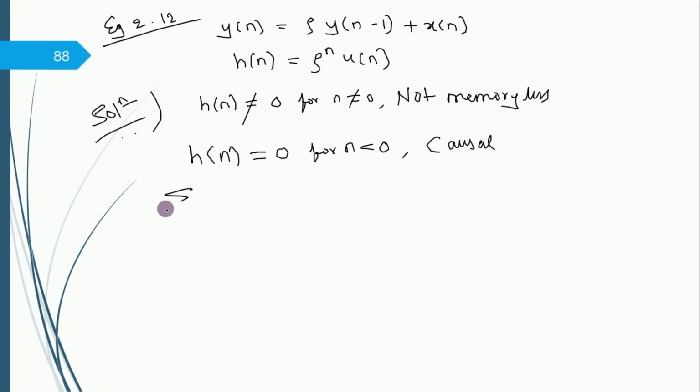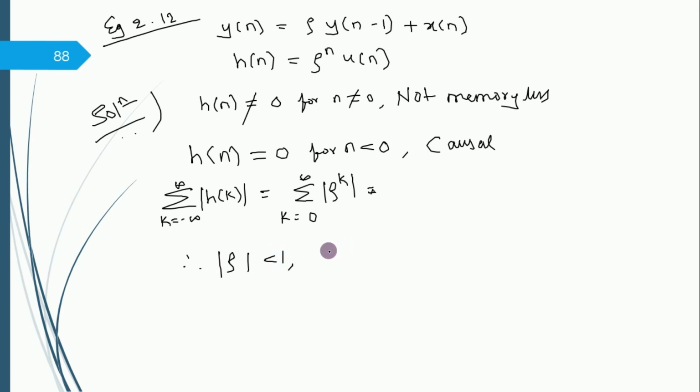Now finally, stability. The stability condition is the sum of mod of h of k from k minus infinity to infinity. Since u of n is there, I start from 0 to infinity, mod of rho raised to k. Again I have to put a condition: if mod of rho is less than 1, then this converges and achieves absolute summability.